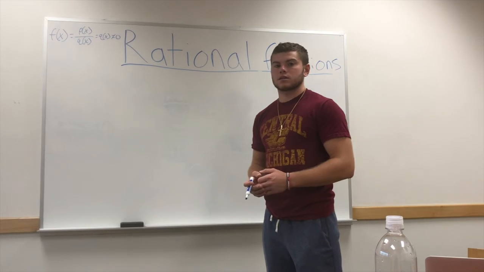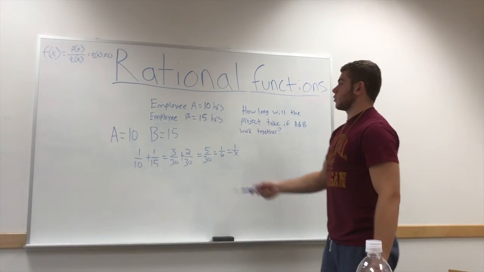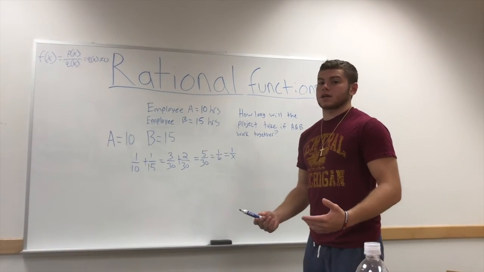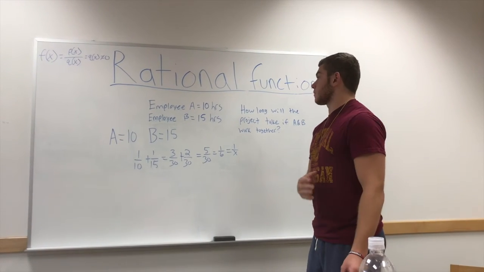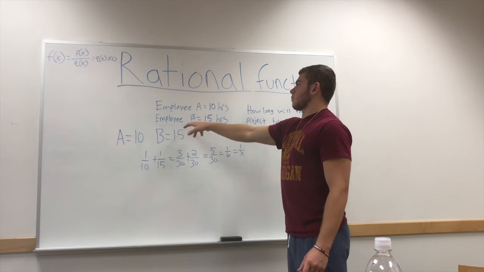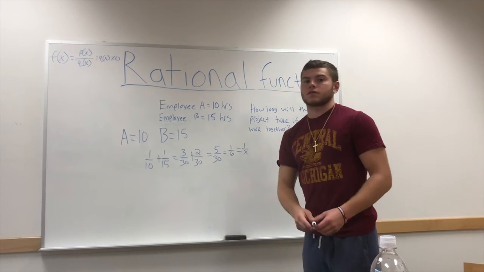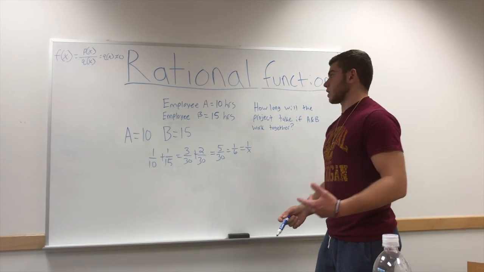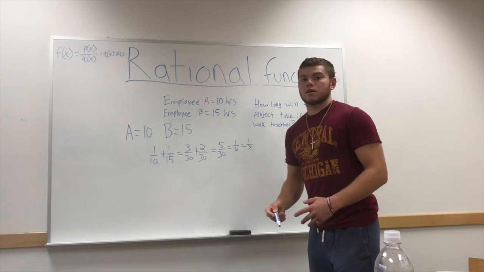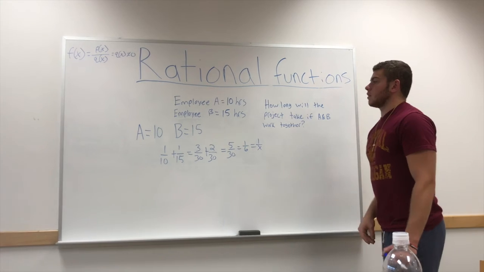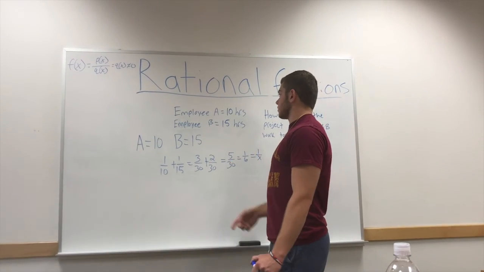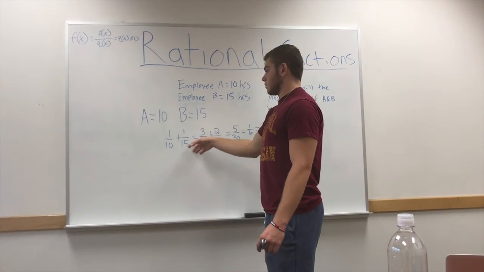The employer is going to ask employee A and B to work together on a project. Say it takes employee A 10 hours to finish the project by himself or herself, and employee B 15 hours, and they want to work together, and the employer wants to figure out how long it'll take. Then we have A equals 10, B equals 15, 1 over 10 and 1 over 15.